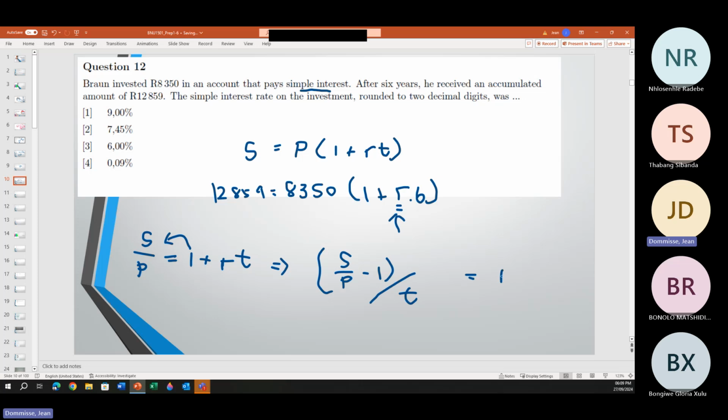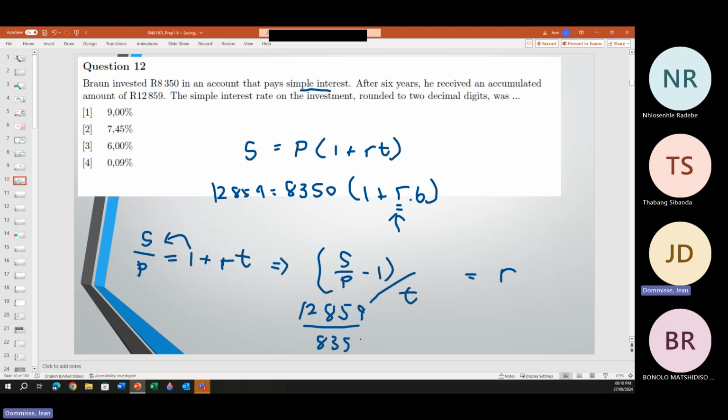So that is also a way to get to it. So we have our future value is 12,859. We have our present value as 8350. Oh, computer is very slow today.